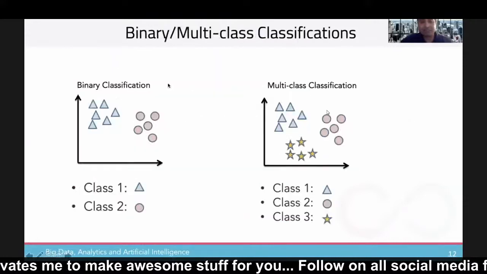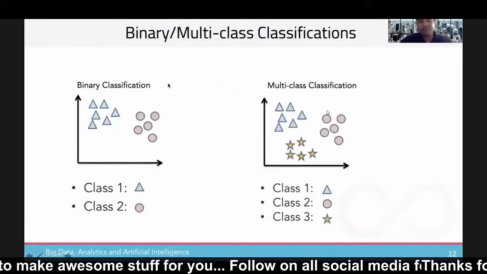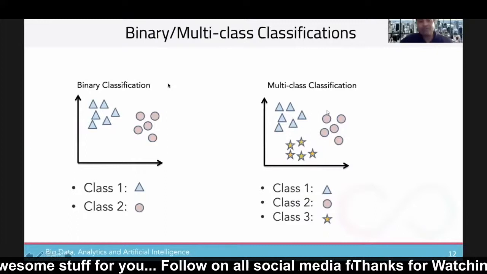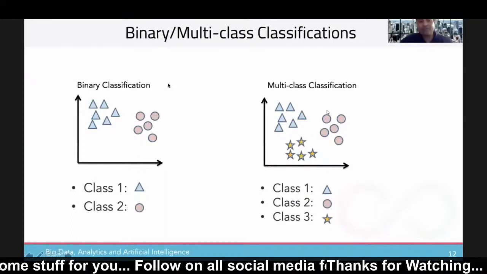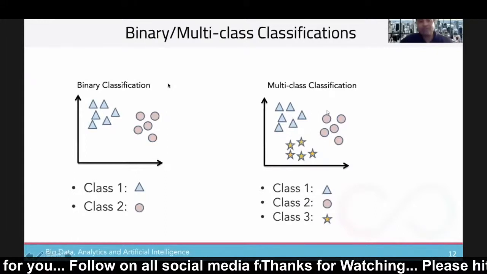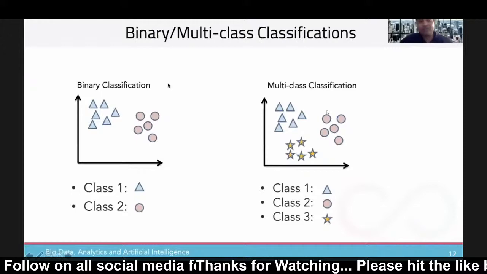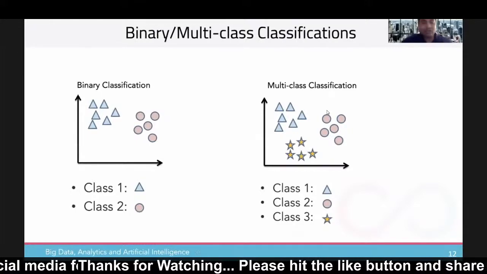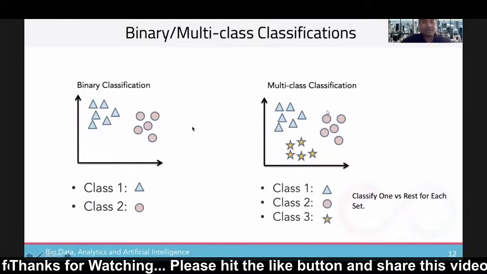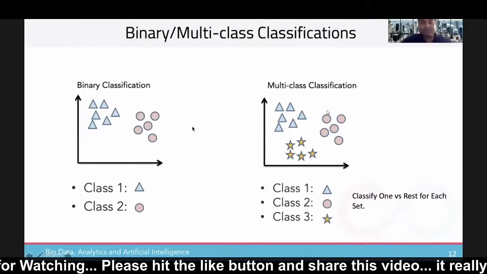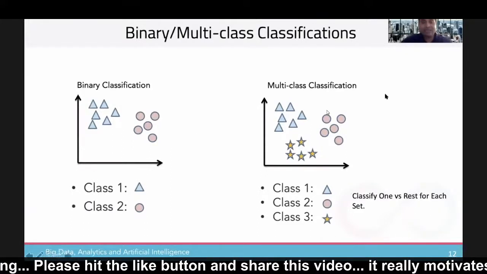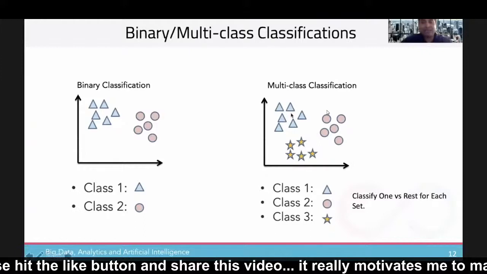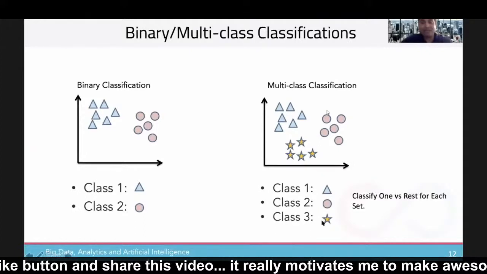So now you can see with some examples the differences between binary classification and multinomial classification. To understand these two concepts, you can think there are two classes: class 1 is blue triangles, class 2 is red circles. In multi-class classification, we have three classes, and we added class 3, which is yellow stars.